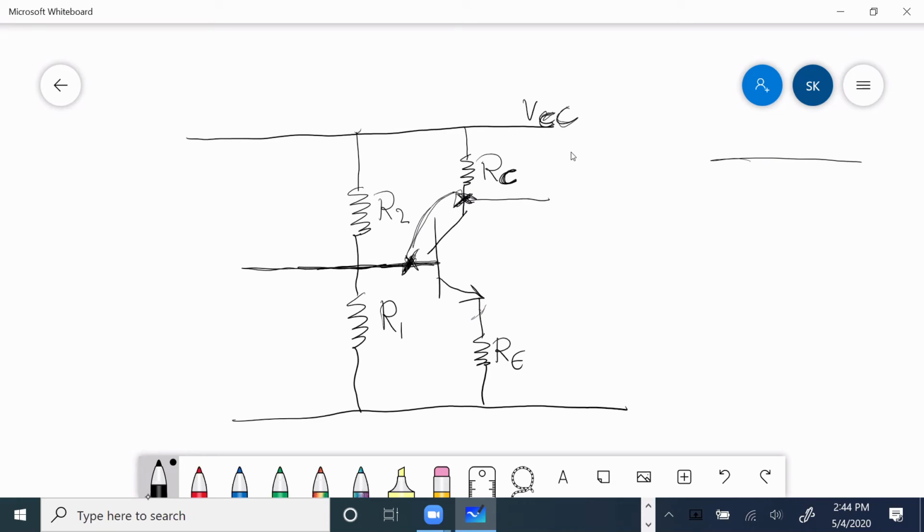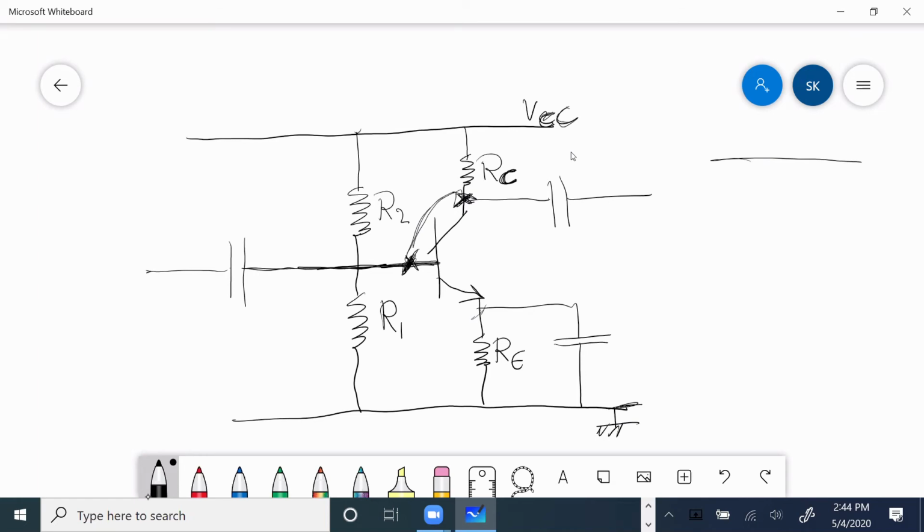Then in order to complete my amplifier, I need to put a capacitor there, a capacitor there, and a capacitor there. And that is ground. That is my amplifier.